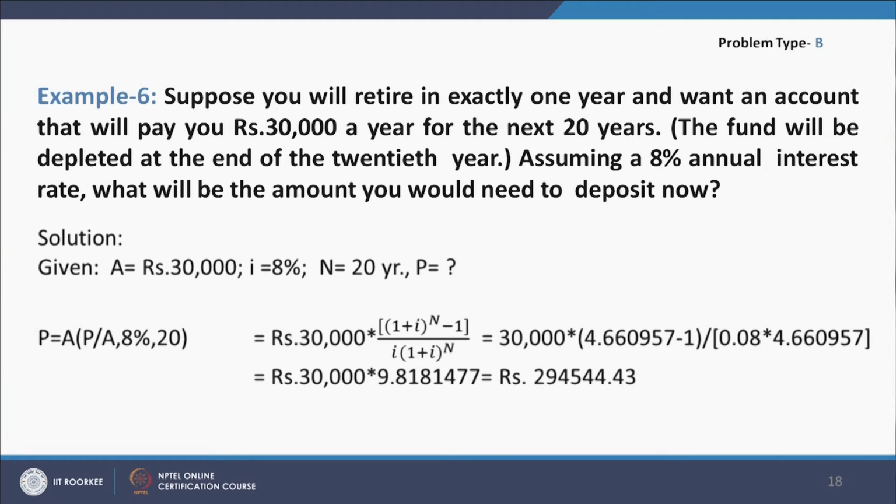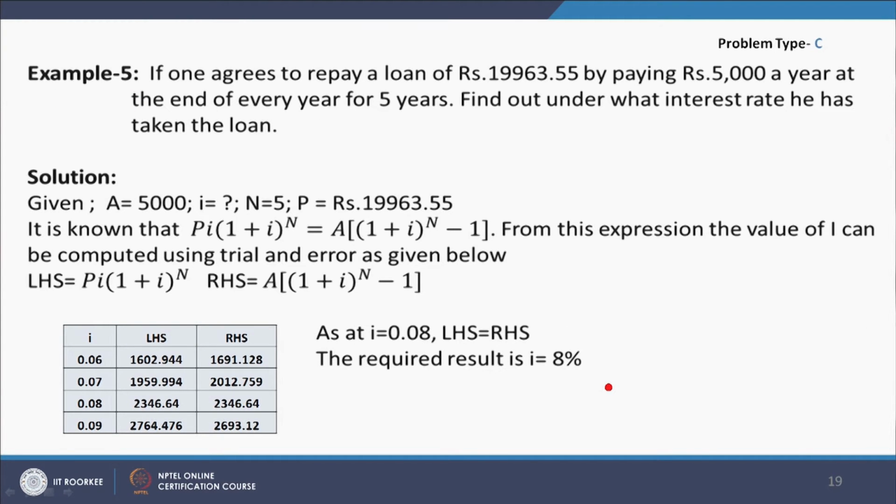The value of N is given, which is 20, and what is required is P. So, I take an equation which relates P to A, and this is the equation. I know the value of A, and then I multiply with this factor, and my value of P now becomes 2,94,544.43.